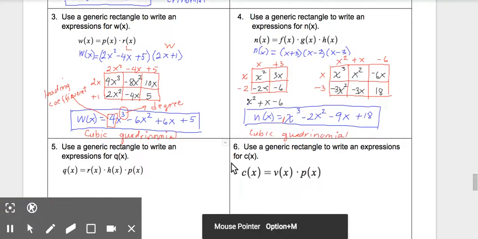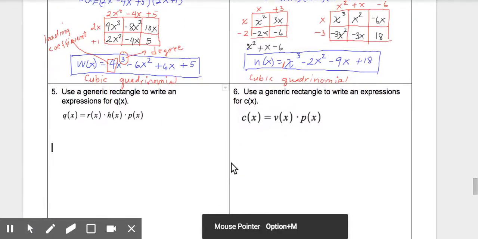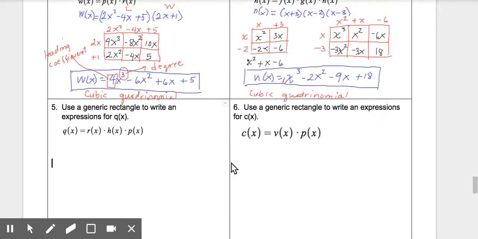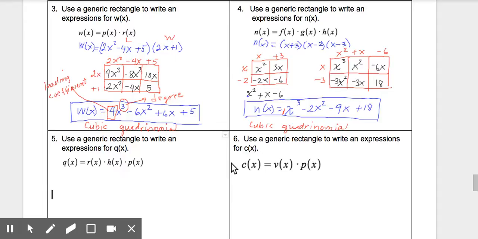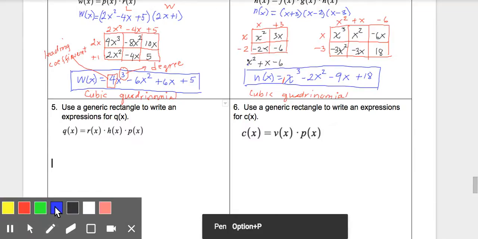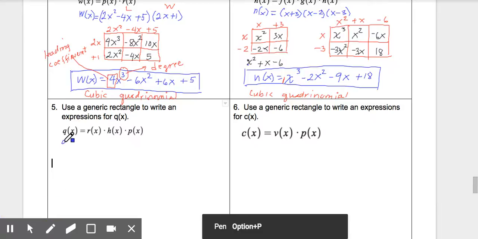Let's go to number 5. In number 5, we want q of x equals r of x times h of x times p of x. So I have r of x right here, which is 2x plus 1. H of x is x minus 3. And p of x is right here. So we can rewrite q of x here.